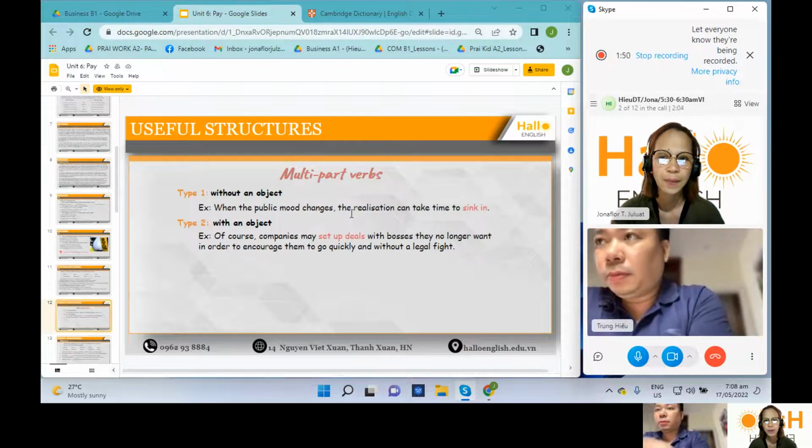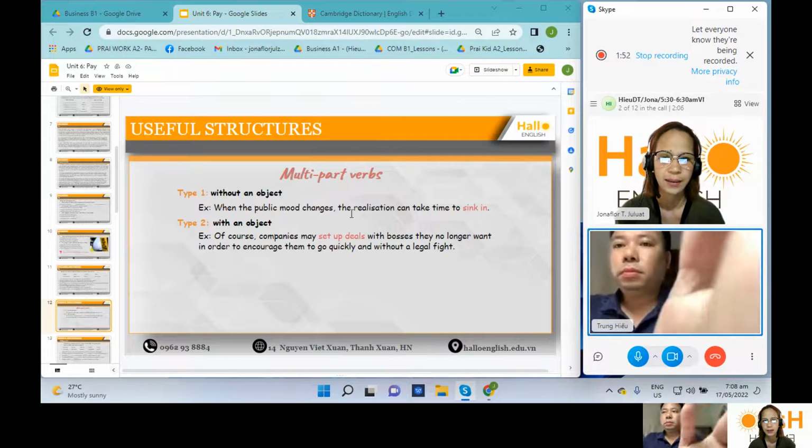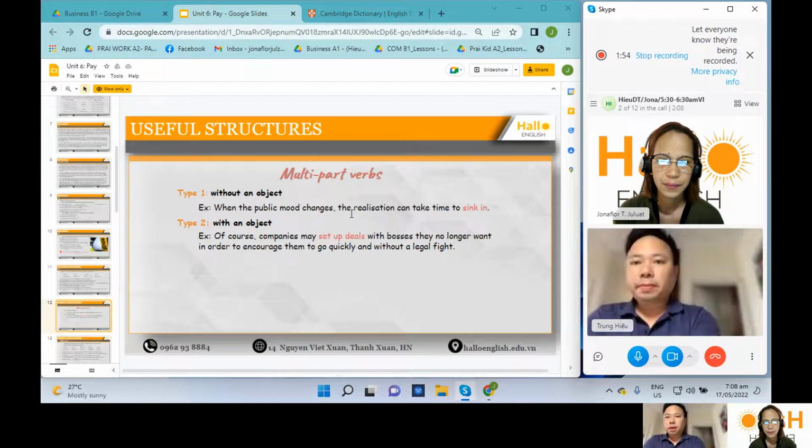Okay, how about type 2, with an object? Of course, companies may set up deals with a boss they no longer want, in order to encourage them to go quickly and without a legal fight.